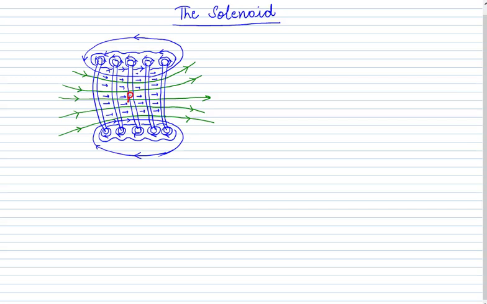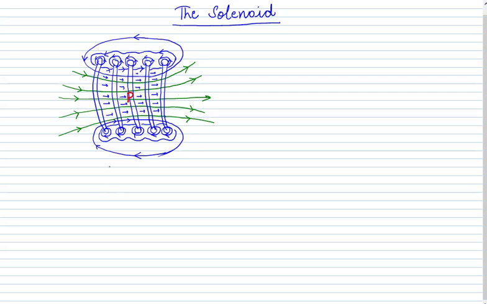I hope you can see this point P which is inside the solenoid. The magnetic field is quite strong inside the solenoid, and at the interior midpoint P it is uniform, strong, and along the axis of the solenoid. This is the axis of the solenoid, so the magnetic field is along the axis.